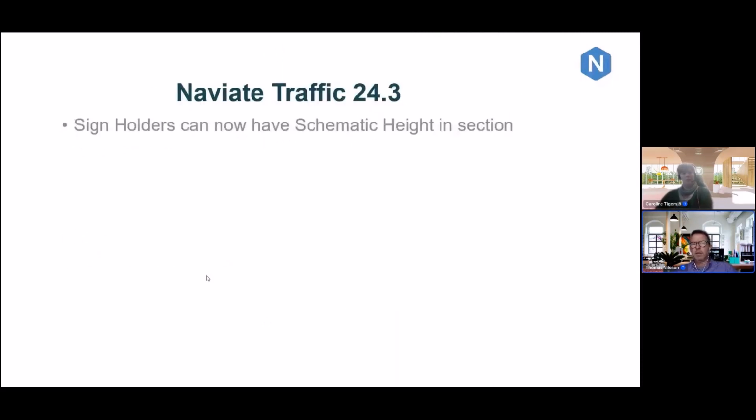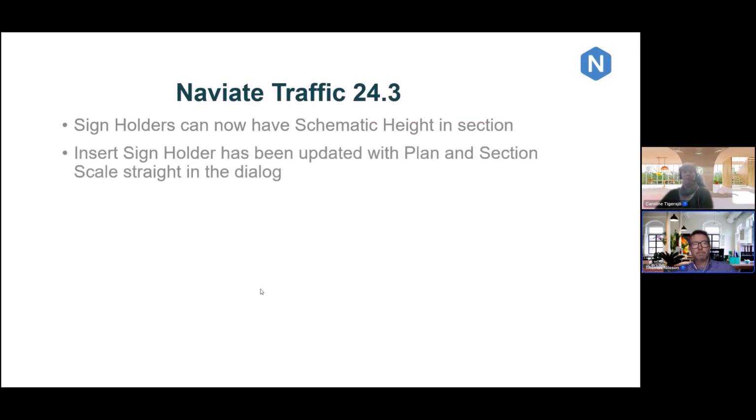The headlines are sign holders can now have schematic height in section, means they don't have to show the correct elevation or height. Insert sign holder has been updated with plan and section scale straight in the dialog, so you can see it and modify it more simply. Copy sign holder can now copy with reference point.